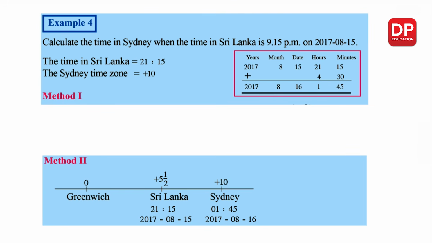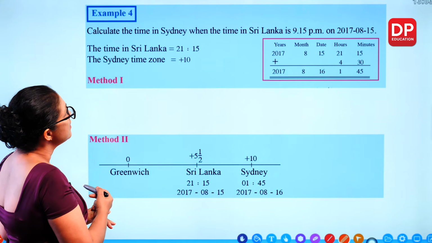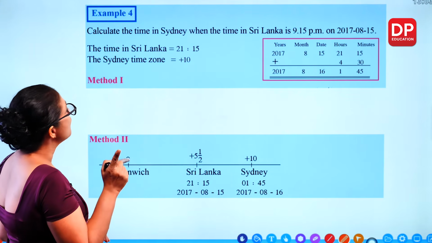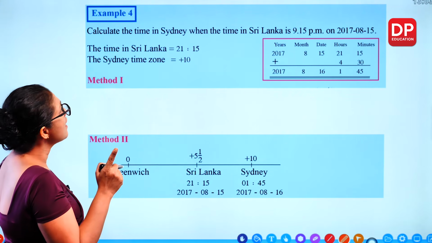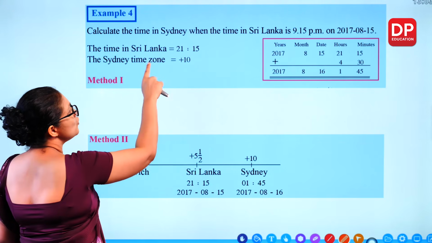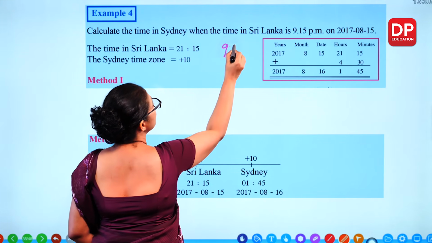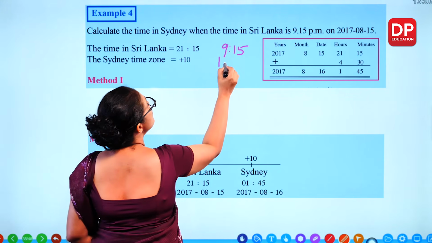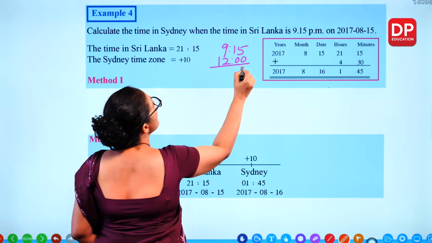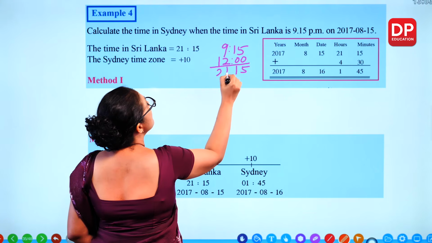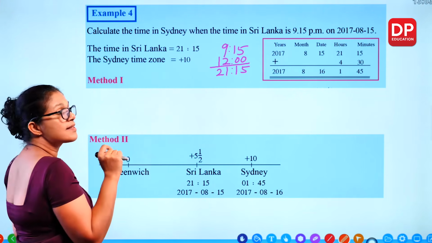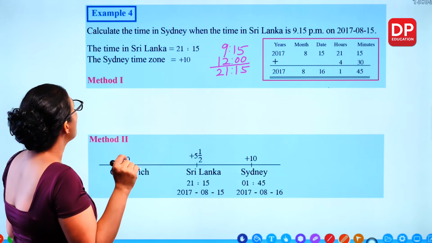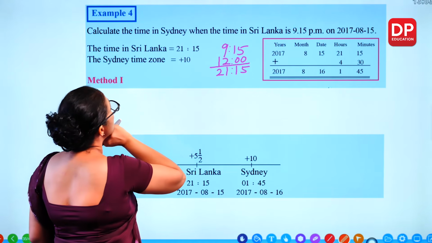Example number 4. Calculate the time in Sydney when the time in Sri Lanka is 9:15 p.m. and this is August 15th. The time in Sri Lanka in standard form, you have to add 12 to that. 9:15 p.m. means add 12 to that, you get 21:15. That's the time in standard form. So what's the Sydney time zone?